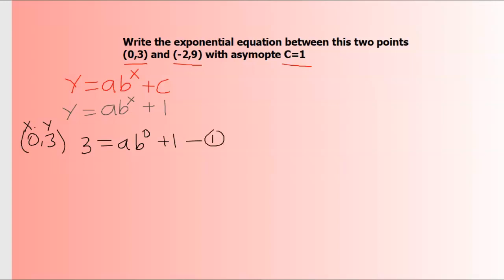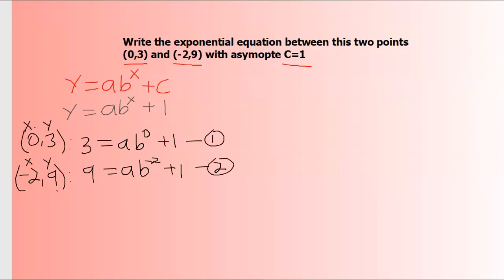That's our first equation. And then at (-2, 9), this is our x and this is our y, we get 9 equals a b to the power -2 plus 1.